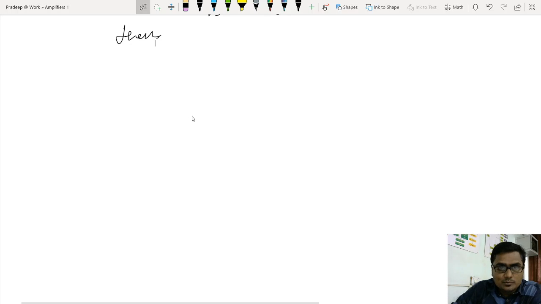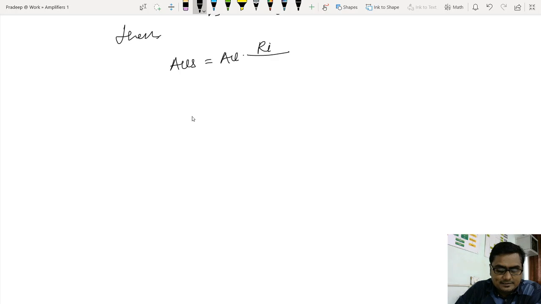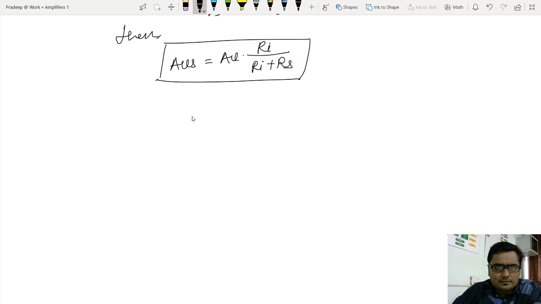Then equation number 1 becomes AVS is equal to AV multiplied by Ri divided by Ri plus Rs. That's AVS in the form of AV. But still I am not satisfied.